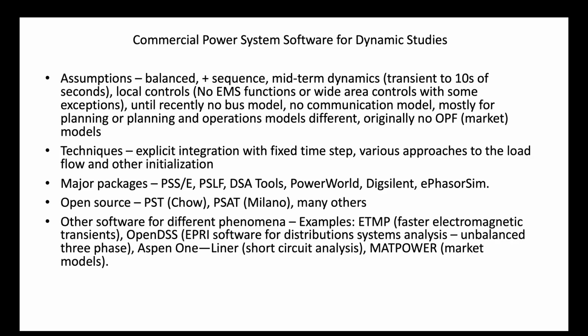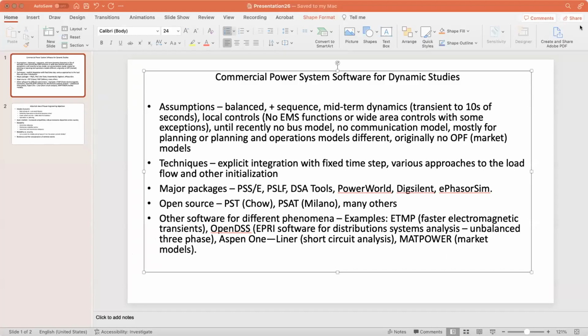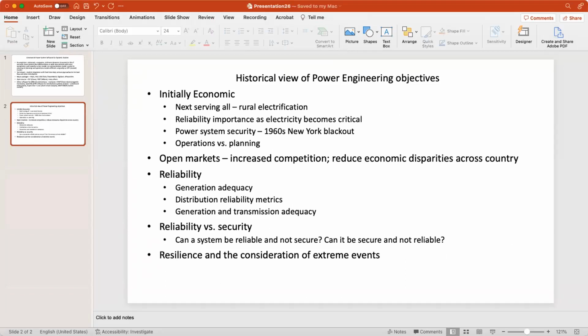For other sorts of phenomena, there's all sorts of other software out there. It depends on what you're working on. For faster stuff, the electromagnetic stuff, that's EMTP, the electromagnetic transient program.